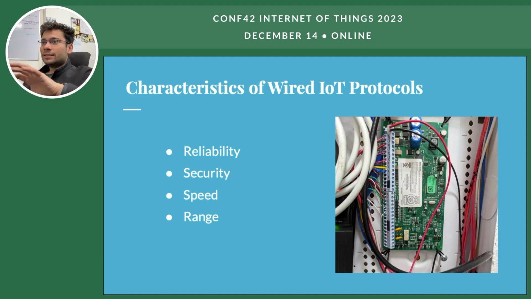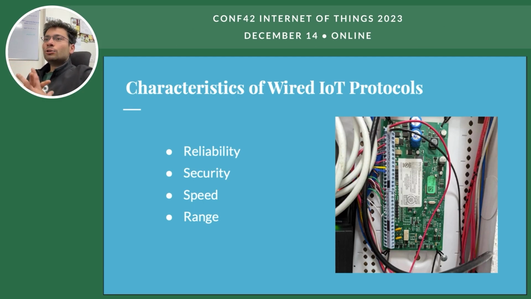As you can see in this image, there are many small electronic components connected with each other. How these components are talking to each other is defined by these wired IoT protocols.